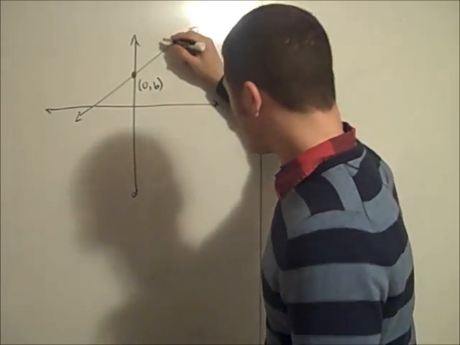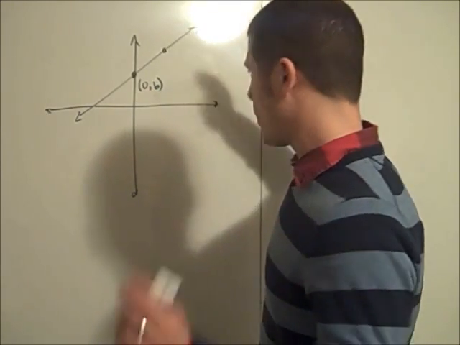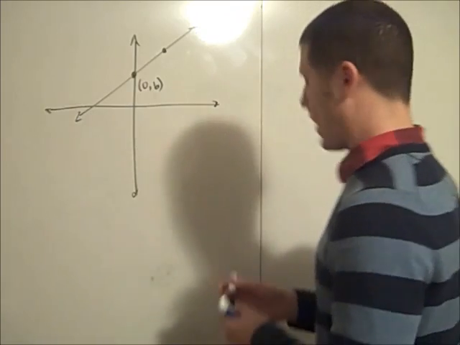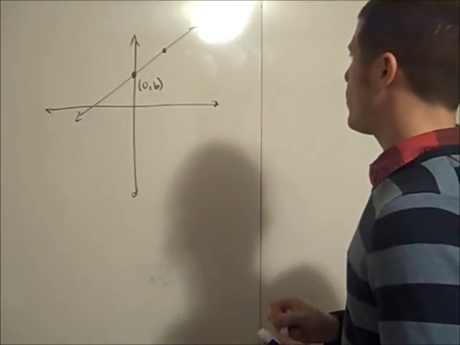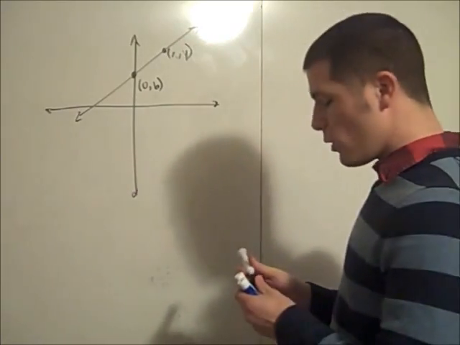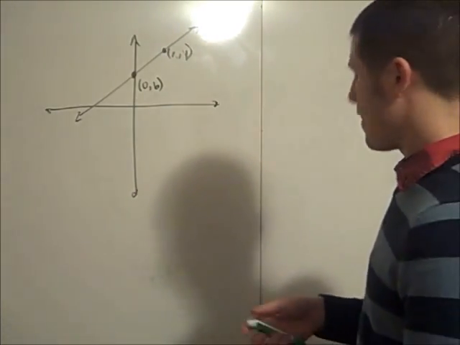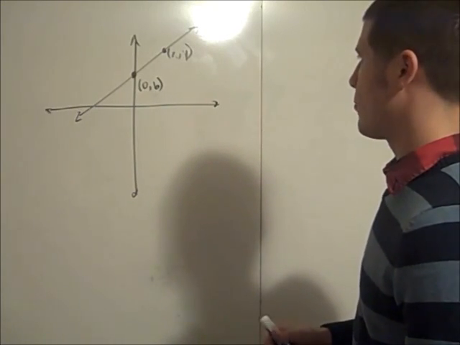And it also has some other point, xy. And what we do is we use the point slope form of the line to derive the slope-intercept form.